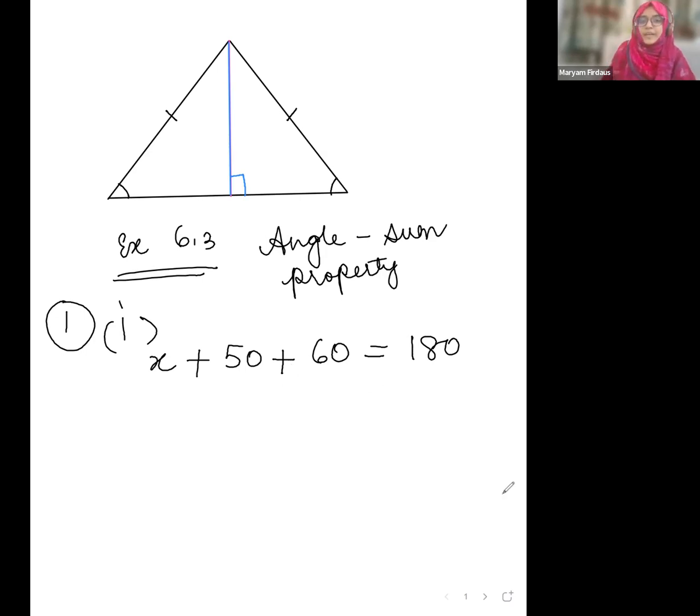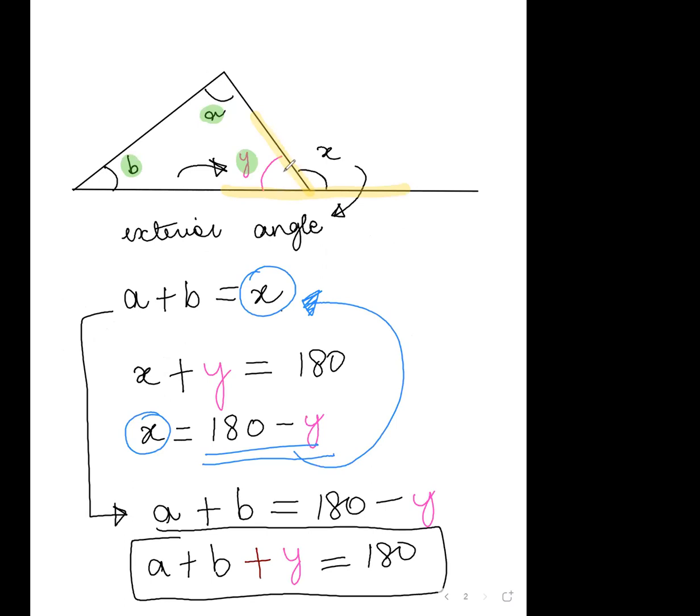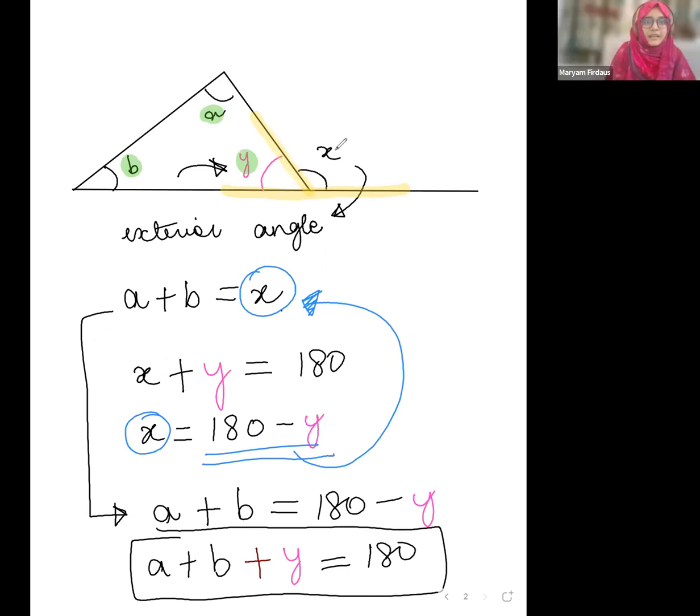What you were applying, that X is equal to this plus this, is true only when our X is an exterior angle, and we even saw why. When these three angles give you 180, A plus B plus Y is 180, and X is 180 minus Y, then it turns out that this plus this will give you X, the exterior angle.